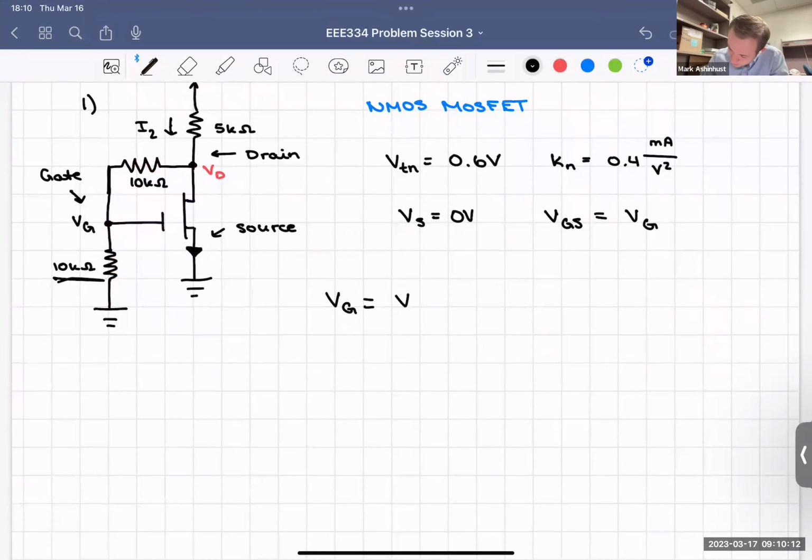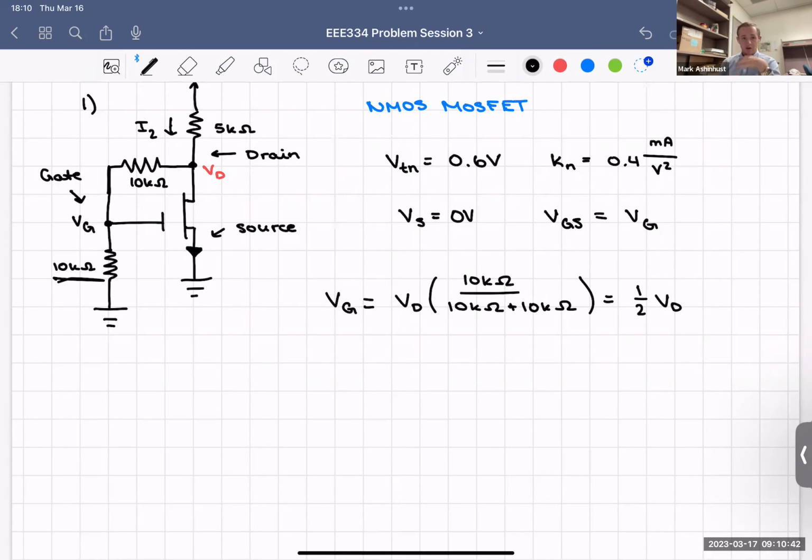So VG is actually VD times 10 kilo ohms over 10 kilo ohms plus the other resistor, which is 10 kilo ohms. And then 10 over 20 is 1/2. So our voltage at the gate is actually 1/2 of our voltage at the drain. Very good, very important thing to know. That's going to help us a lot as we move on through this.